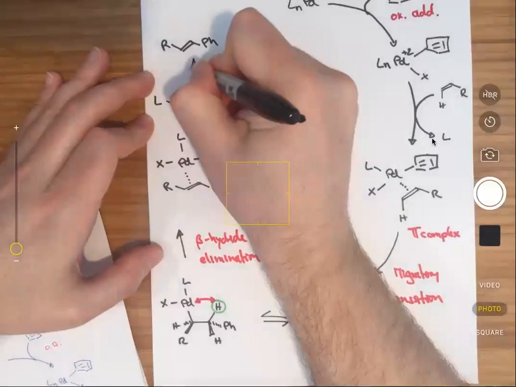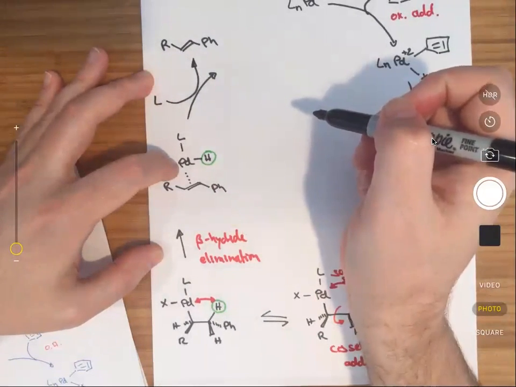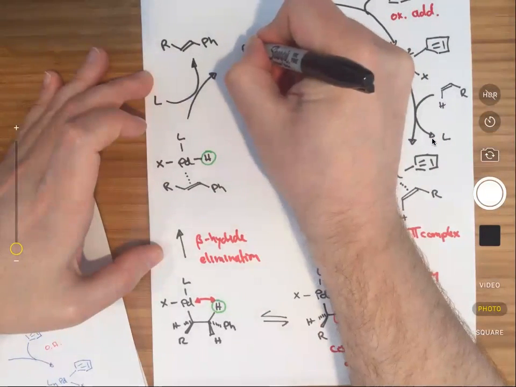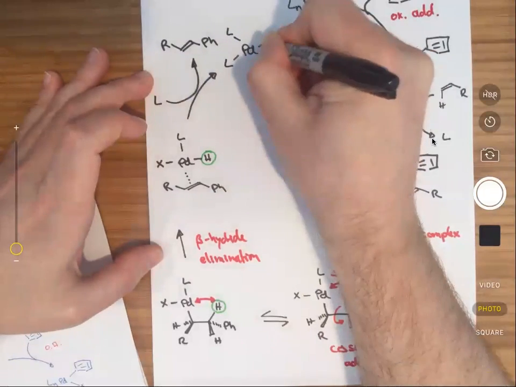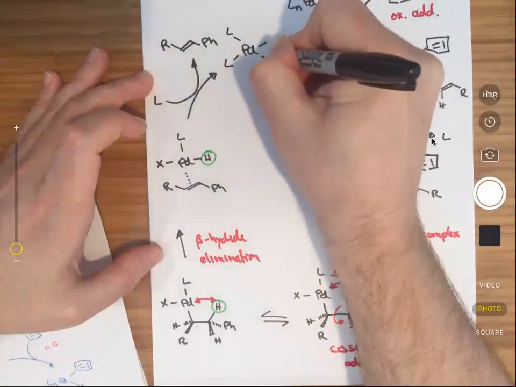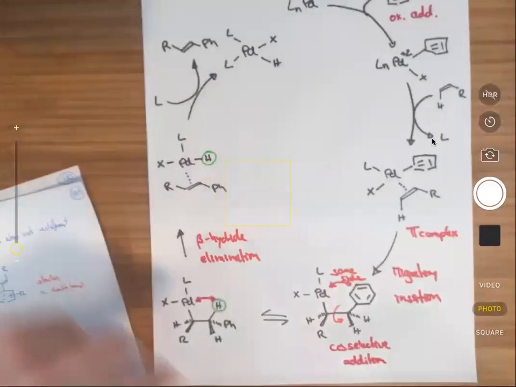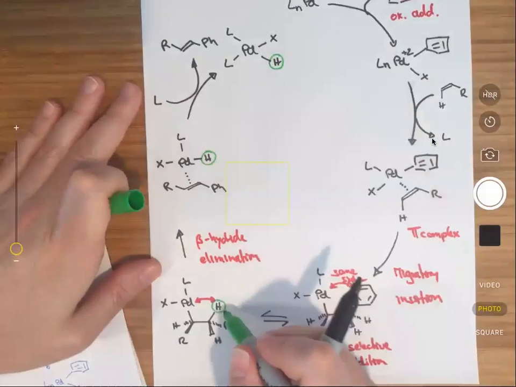So let's draw an arrow here. And then the palladium species that remains here is then going to be palladium L, and then we have an X remaining here, and we have this hydrogen. So this is the hydrogen that essentially came from this position here.